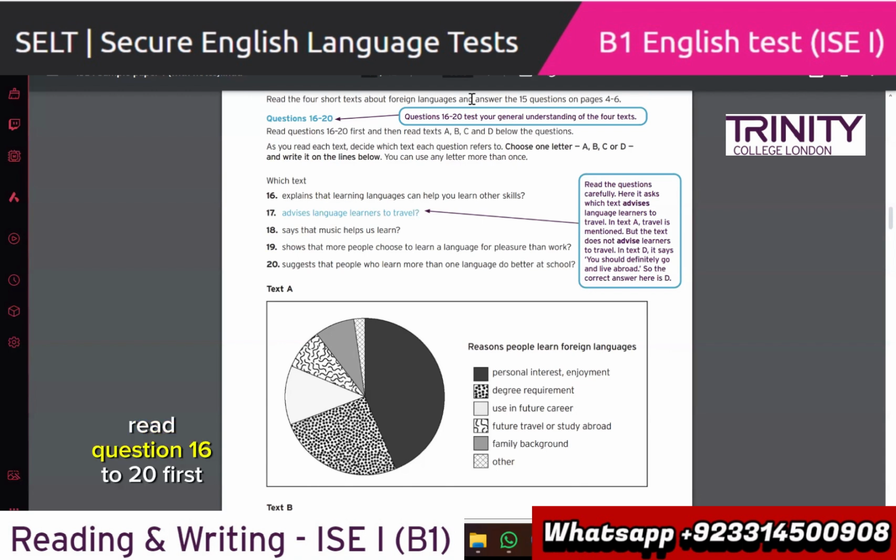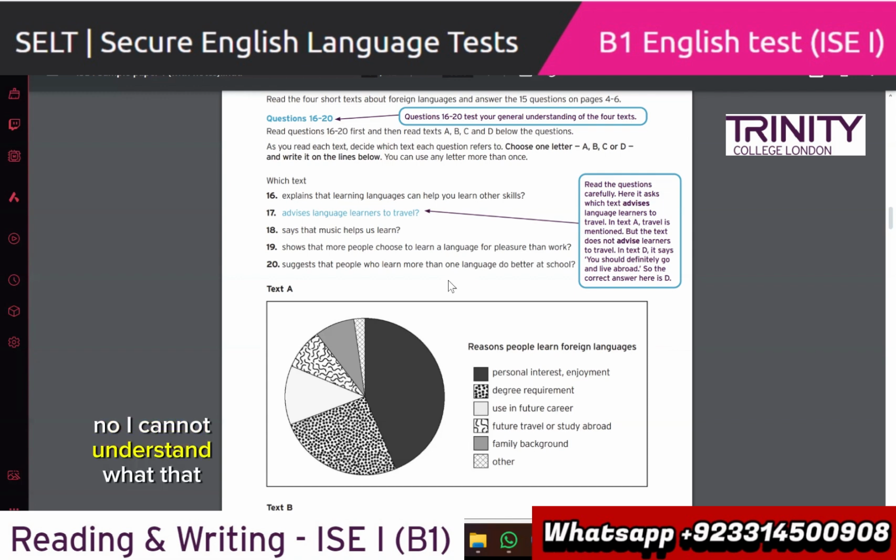Read questions 16 to 20 first, and then read texts A, B, C, D below the questions. As you read each text, decide which text each question refers to, choose one letter A, B, C, D and write it on the line.